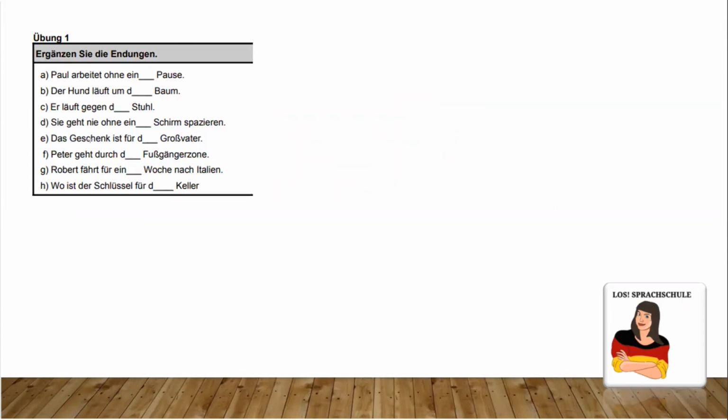And at the end, we have some exercises. Of course, here we have all the prepositions that are accusative. You don't have to think about that for now. Try to fit in the good endings. Okay, let's see.